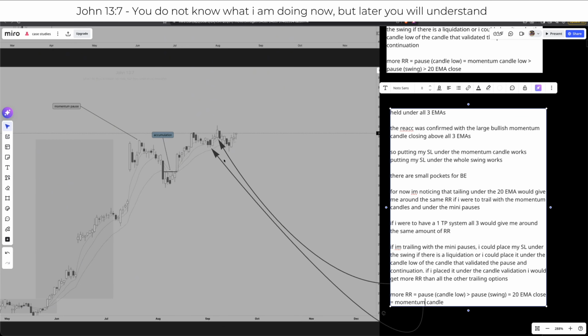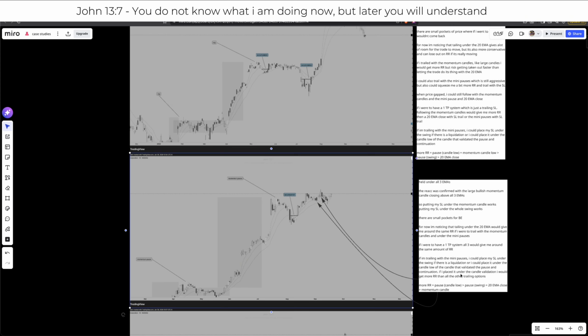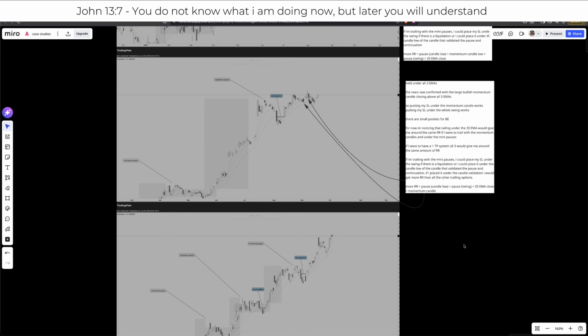So I would get more RR from the pause candle low than the pause swing, which would be equal to the momentum and the 20 EMA close. Okay.